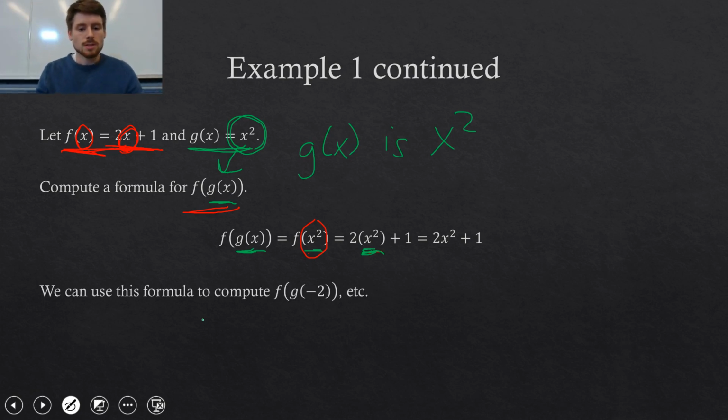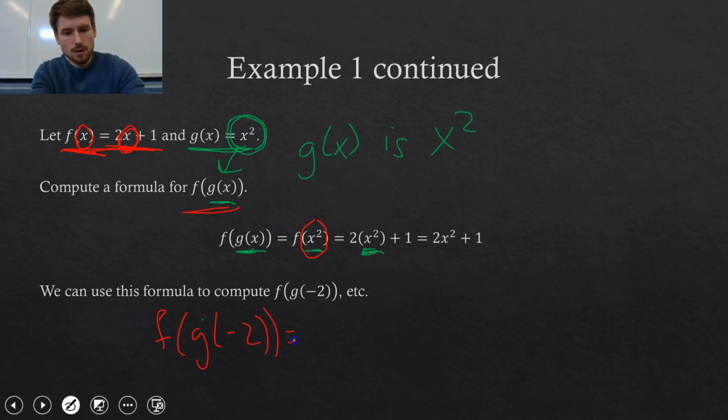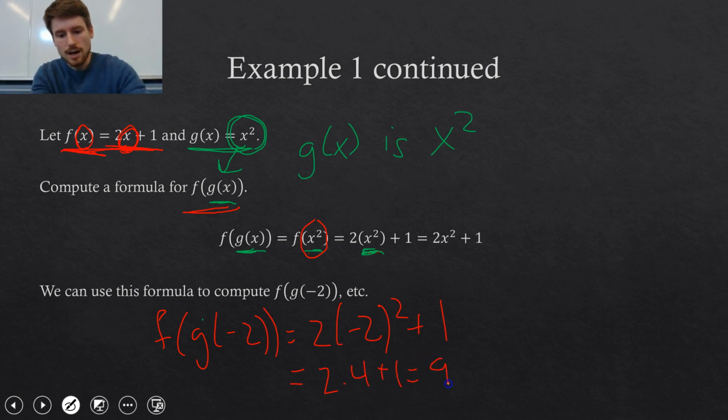So we can use the formula to compute all of those numbers we had earlier. If we were to plug in negative 2, negative 1, 0, 1, and 2, we can try that for a couple of these. What would f of g of negative 2 be with our formula? Well, that's 2 times negative 2 squared plus 1, which is 2 times 4 plus 1, which is 9, what we got earlier as our answer.